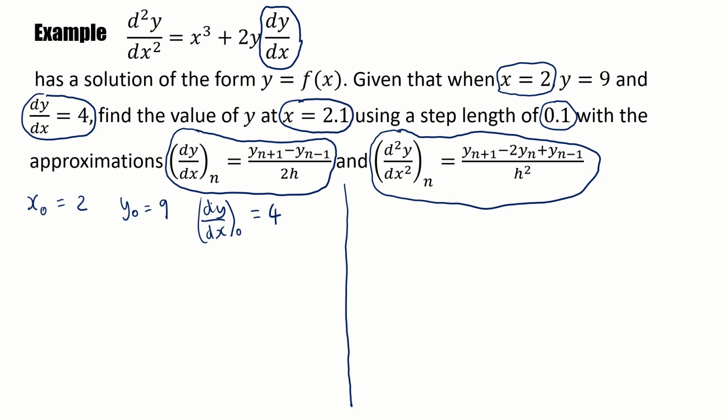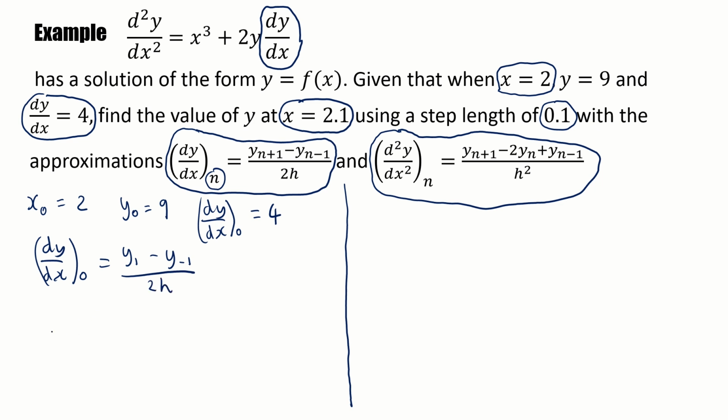The reason that's interesting is because it means if we want to be able to use the midpoint method formula, then that means that our n has to be 0. So therefore it means we're using the formula dy/dx at 0 is equal to (y1 minus y minus 1) all divided by 2h.